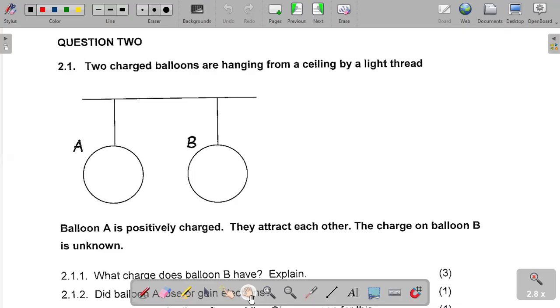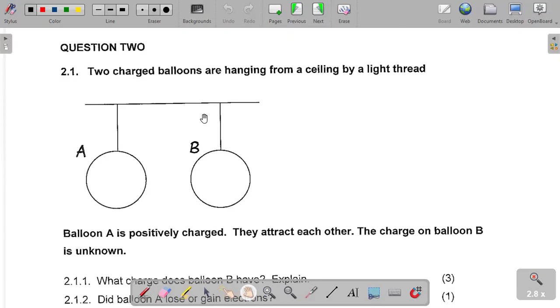So we're going to get into lesson 3 on static electricity. We're still doing static electricity. For lesson 3 here, we're going to do question 2. In the previous lesson, we did example 1.